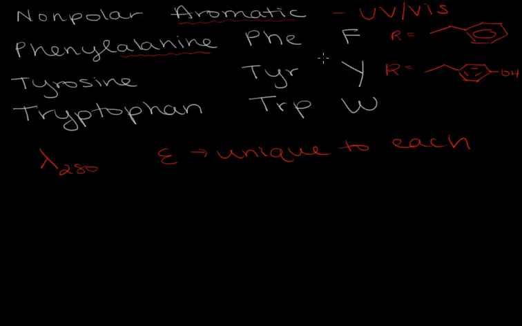And I would also like to point out the abbreviation here. This is Y. This is not a T. Several amino acids start with T, so you have to really pay attention. Also, phenylalanine doesn't start with P. We've already used that for proline. It starts with F, because the sound phenylalanine starts with F. Interesting, tryptophan is W, because this has 2 rings in its structure.